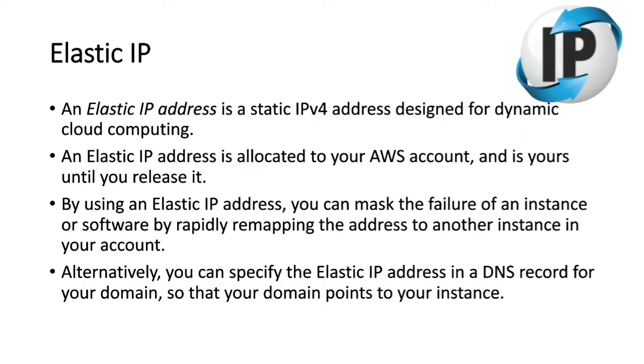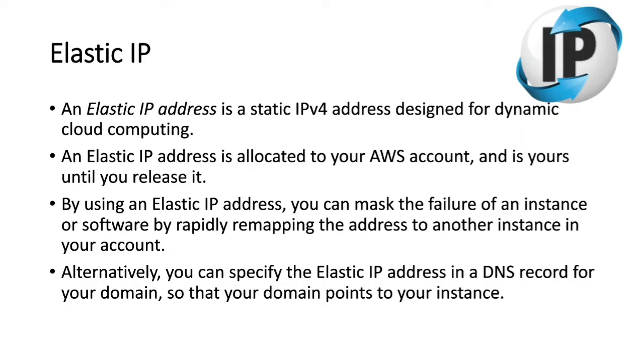Now, in order to cater to that particular issue, what we came up with is the concept of elastic IP, which is nothing but a static IPv4 address. An elastic IP address is allocated to your AWS account, and it is yours until you release it. By using an elastic IP address, you can mask the failure of an instance.